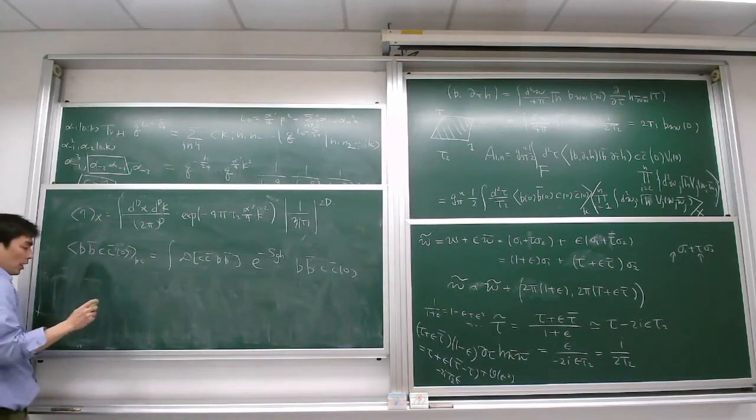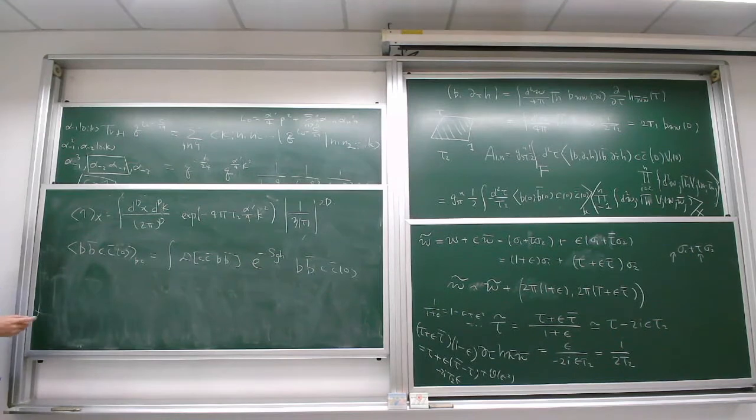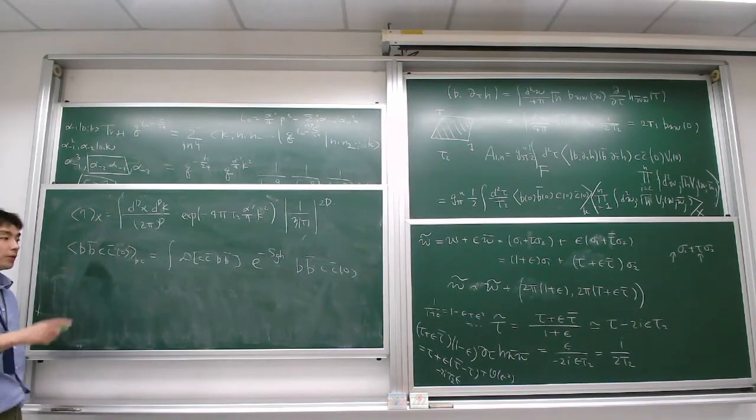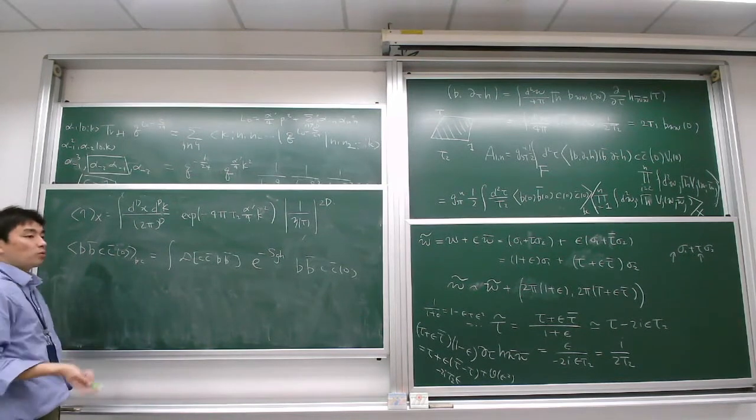So here, B and C are fermionic fields, so usually if you go to the time circle, you have to impose the anti-periodic condition on fermions. You have to introduce an anti-periodic condition. But now, if you consider anti-periodic, it's a good exercise, the partition function vanishes.